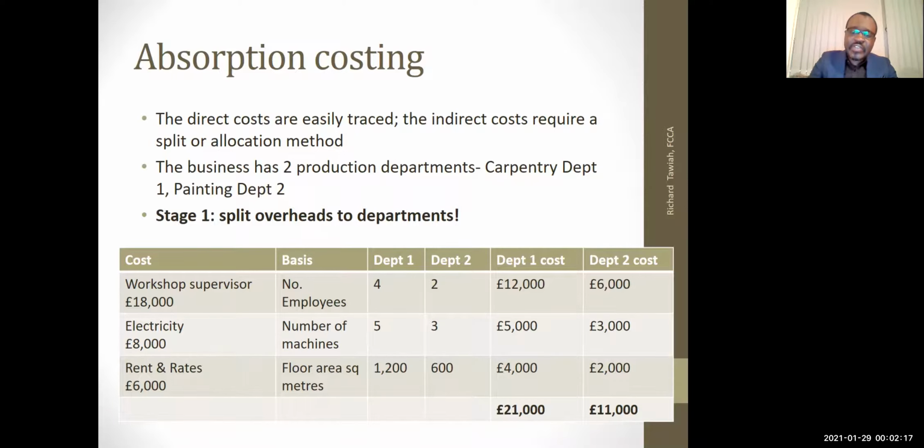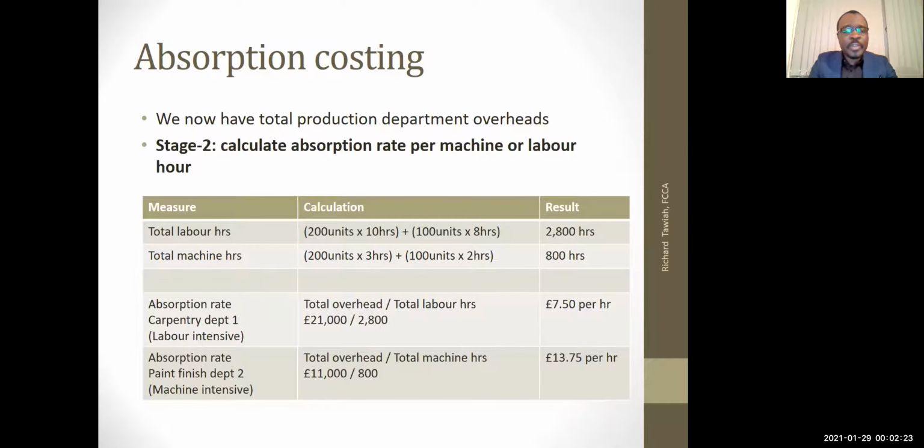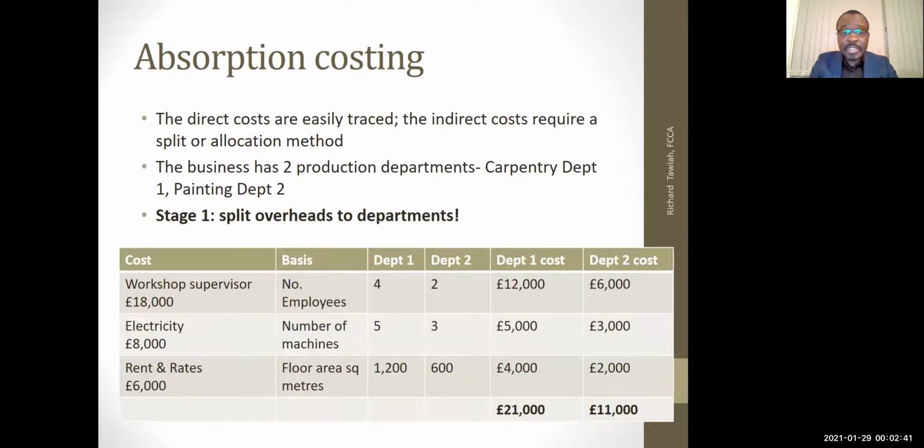Now let us drill down and see how we can absorb these per unit into each product. So let's go to the next stage of this absorption process. For the next step, direct labor hours, we are assuming that department 1, which is the carpentry department, what drives them most over here?